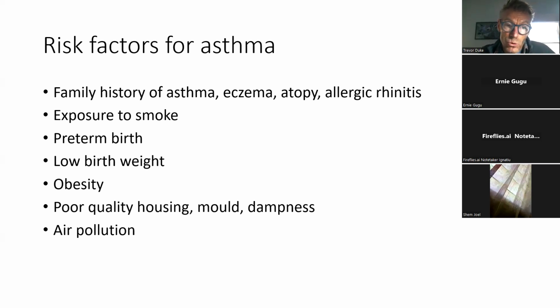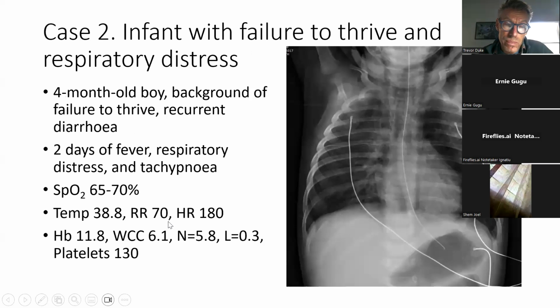And as I said, poor quality housing or mold or dampness is very common for children with severe chronic asthma, and air pollution. So that's asthma. That's what I wanted to convey. We'll talk a bit more about the chronic treatment of asthma in a later talk, but I wanted to talk about acute asthma management and how to recognize children with asthma from those children who have other respiratory disease. We can answer any questions about that at the end.